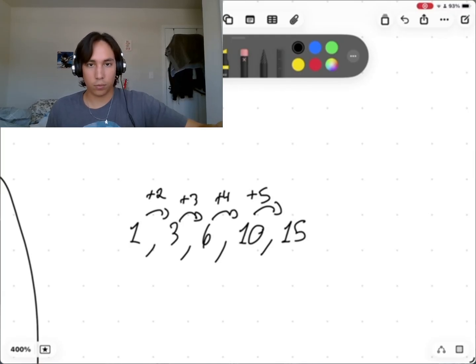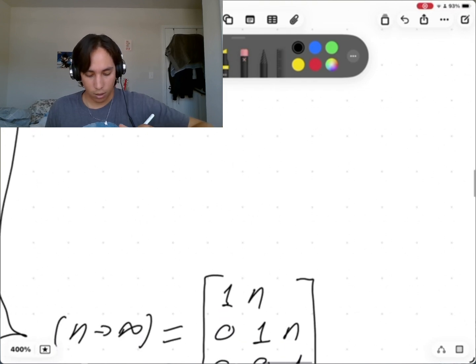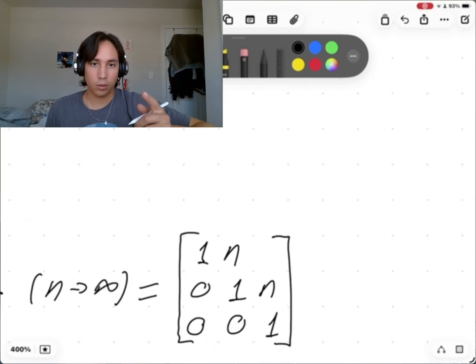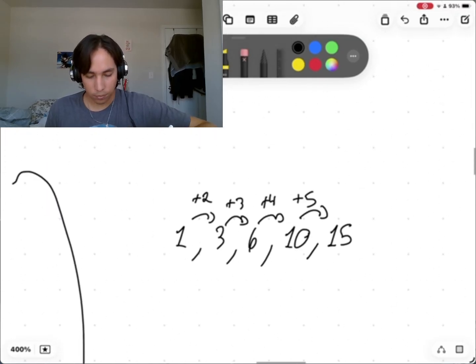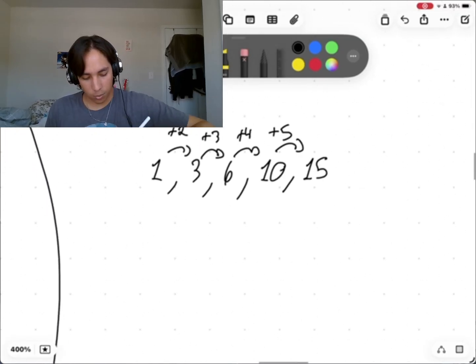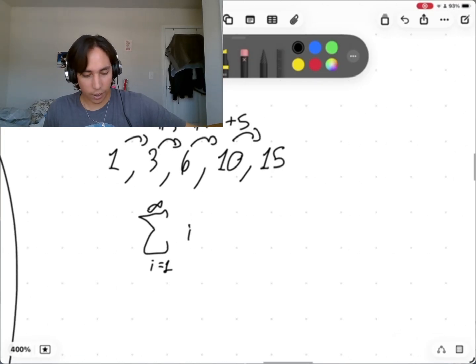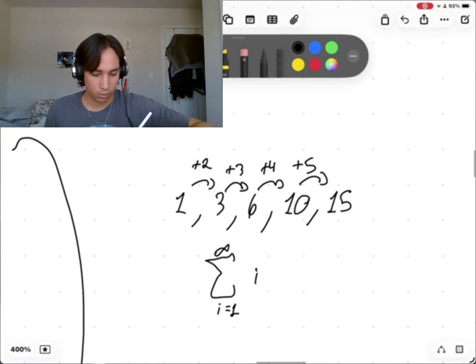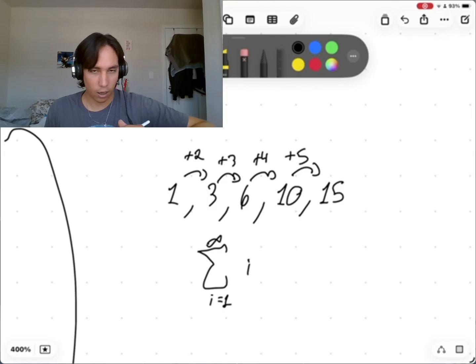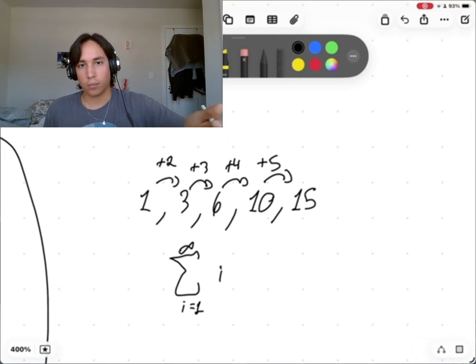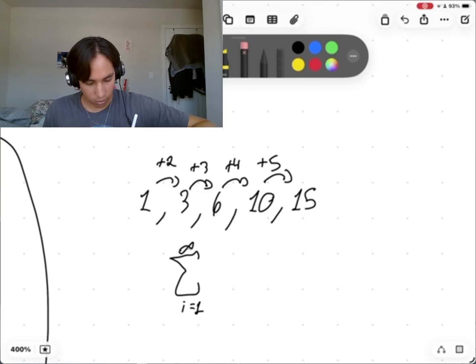There is some sort of pattern. However, the way it's formatted, you cannot put a summation, like i equals 1 to infinity, or i to n.